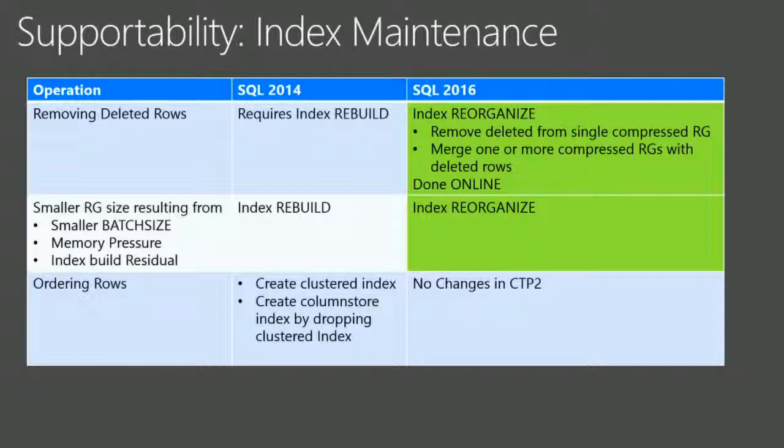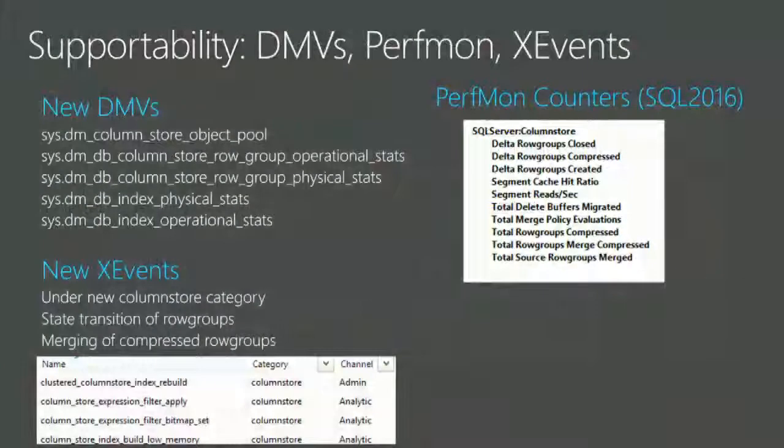In terms of the DMVs, we have done tons of work. Trust me, this was huge for us. We have new DMVs which can show you various states of your column store. You need to play with these, but I just want to show you. This object pool is very interesting. It tracks which segments were in memory and which were not.